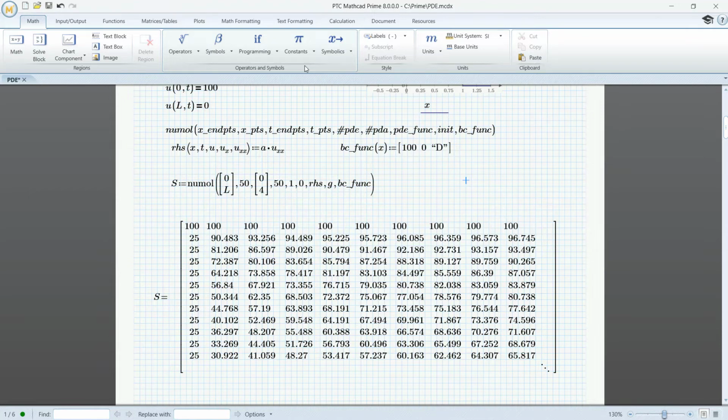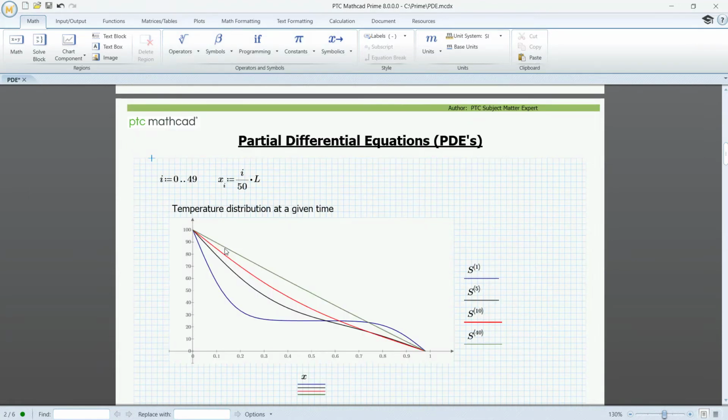Let's draw some graphs. In the first plot, we have graphed some of the columns in the matrix S. This shows us the temperature distribution at a given time.